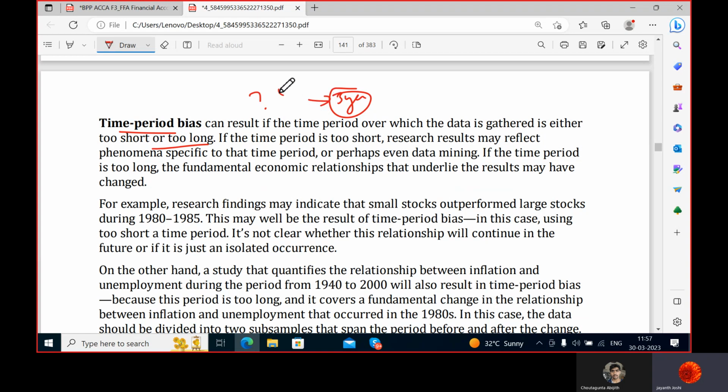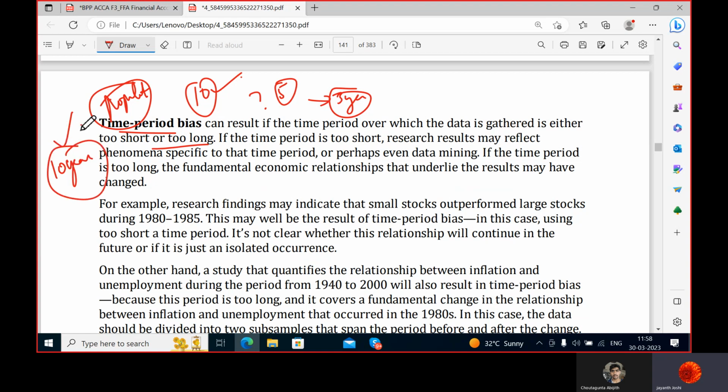Why? Because minimum 5 years should be considered. Or maybe for this kind of data, or the phenomenon you are looking for, 10 years was what you should have taken. If I want to study the population of a country, I collect some samples. 10 years reports are generally considered standard reports. Am I right? Census, isn't it so? In that case, if I take only 5 or 3 years data, then definitely it's time period bias.